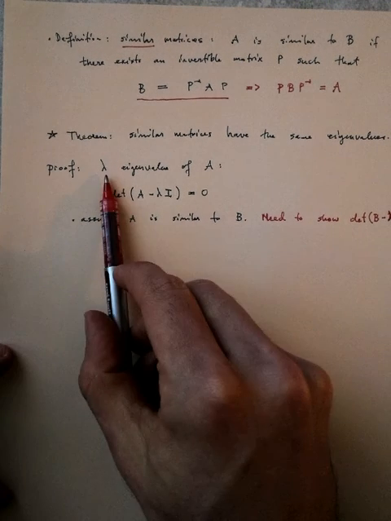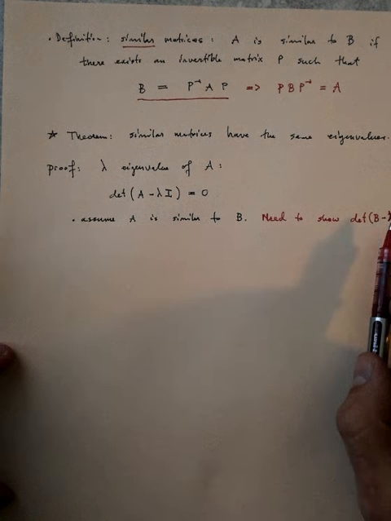Because I've assumed that lambda is an eigenvalue of A, and I want to show that lambda is an eigenvalue of B as well.